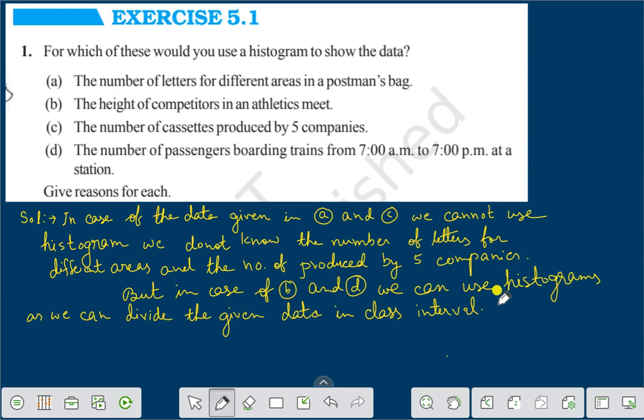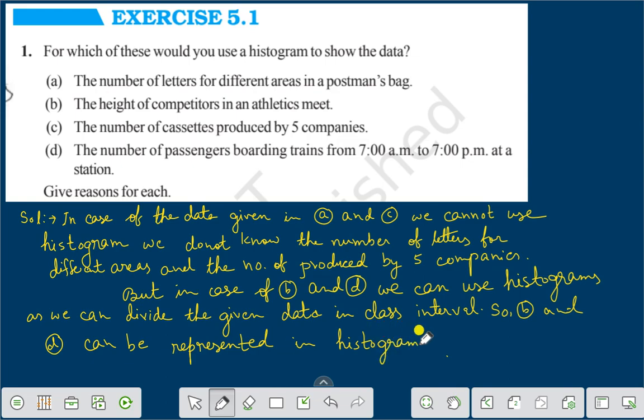So B and D can be represented in histogram, right?